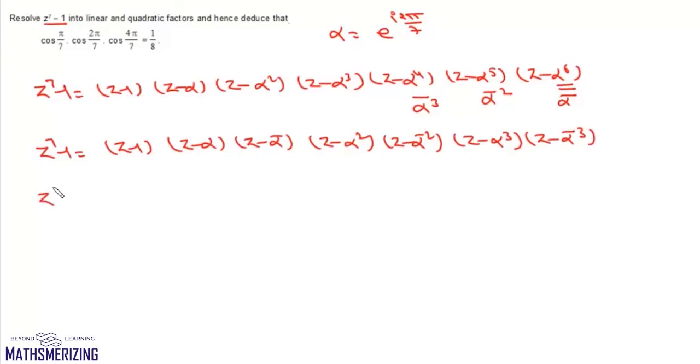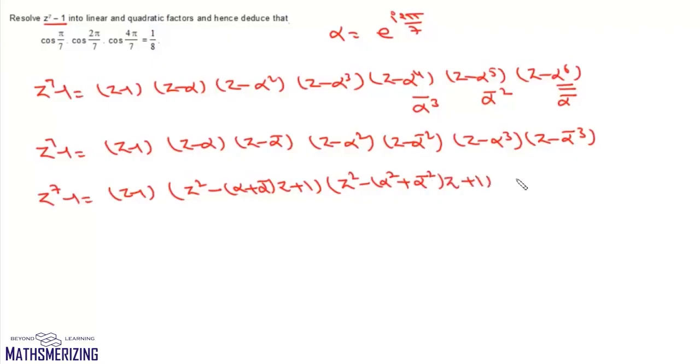So we'll write this as z minus 1, z square minus (alpha plus alpha bar) z plus 1, z square minus (alpha square plus alpha bar square) z plus 1 and z square minus (alpha cube plus alpha bar cube) z plus 1, since alpha into alpha bar is 1. Now alpha plus alpha bar is 2 cos 2 pi by 7.